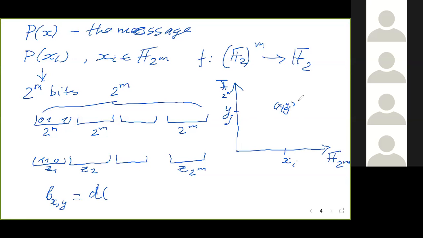Then the multiplicity, which will be denoted by Aij, will be the following.